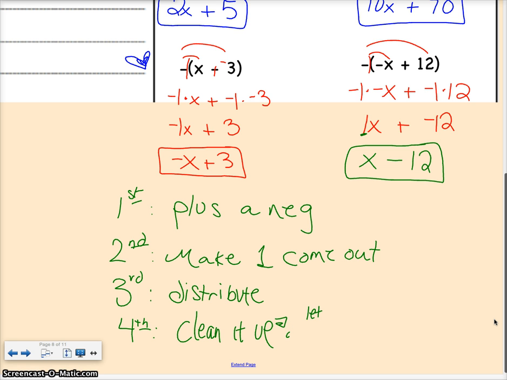So let 1 hide if 1 is out. And then if it looks like our last example, that plus a negative, to clean it up, you turn it back to subtraction. So turn to subtraction if plus a neg.